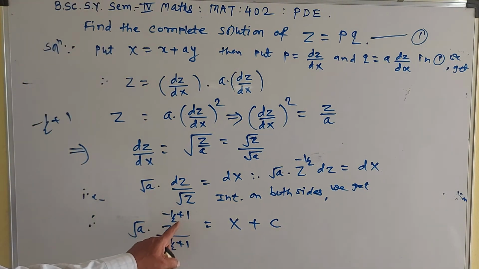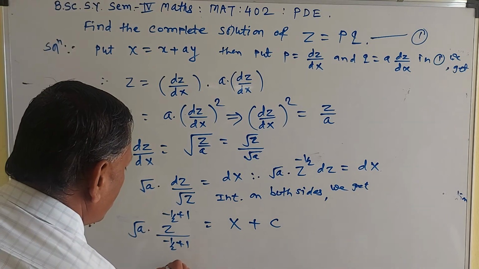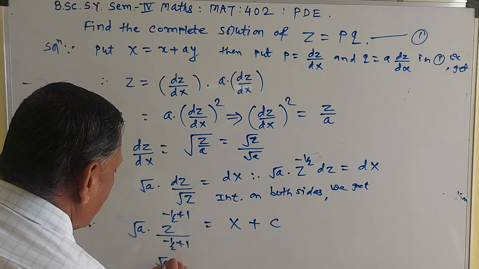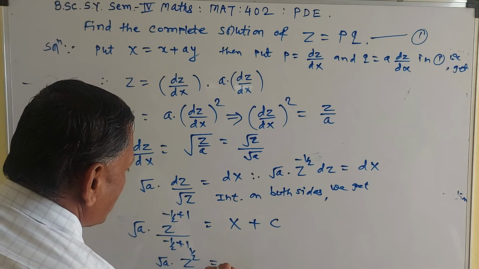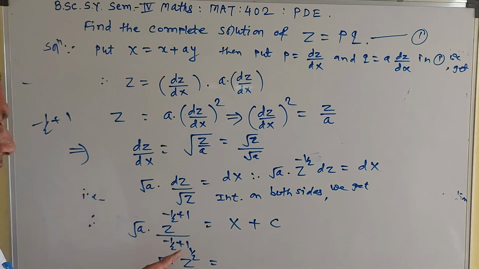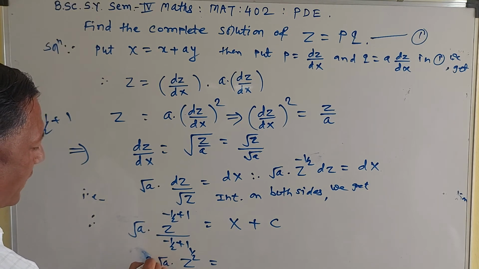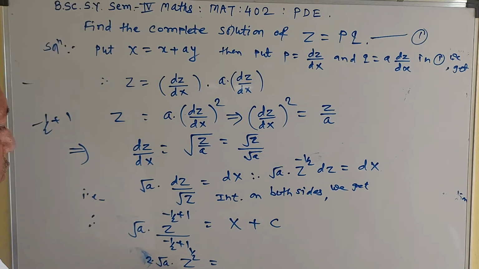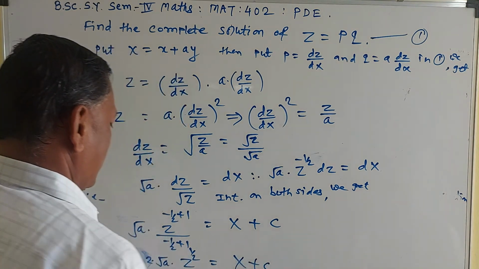Minus 1 by 2 plus 1 means 1 by 2. 1 upon 1 by 2 means 2. Therefore 2 into root a into z raised to 1 by 2 is equal to X plus c.